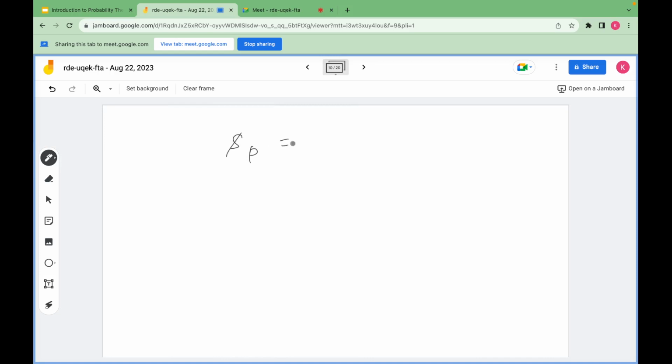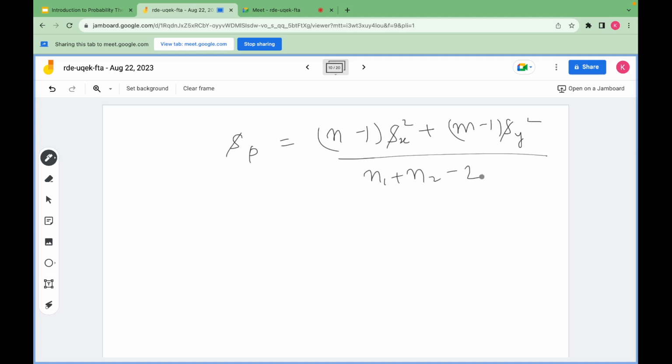This SP is n1 minus 1 sx square plus m minus 1 sy square divided by n1 plus n2 minus 2. Okay. So we know n is equal to 10, m is equal to 10.